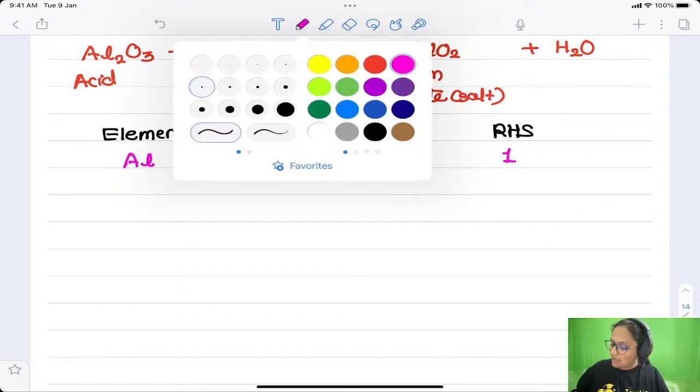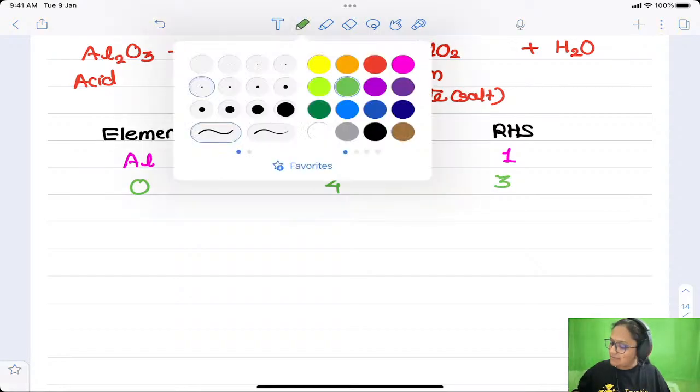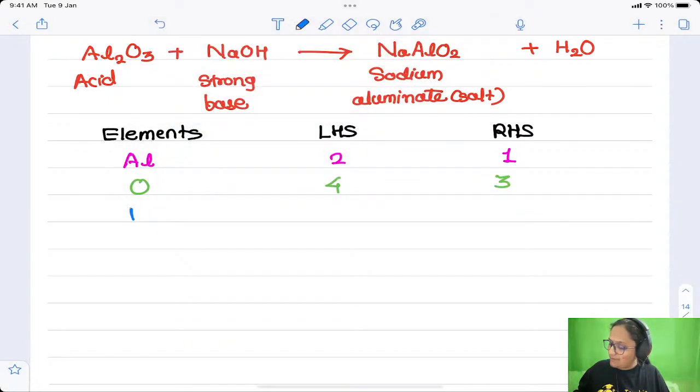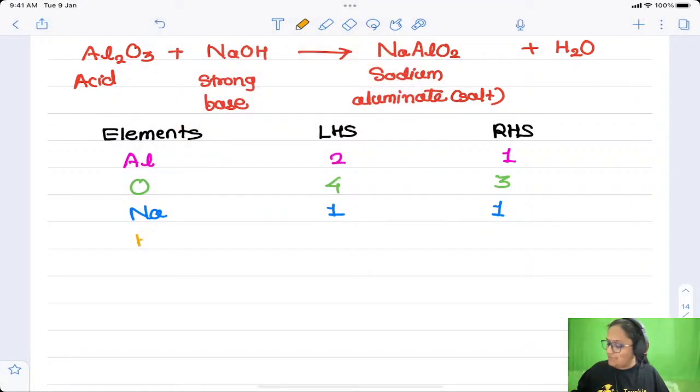Next is oxygen. Oxygen on left hand side is 4, right hand side is 2 plus 1, that is 3. Then sodium, on left hand side is 1, right hand side is also 1, right? Then hydrogen, on left hand side is 1, right hand side is 2, right?